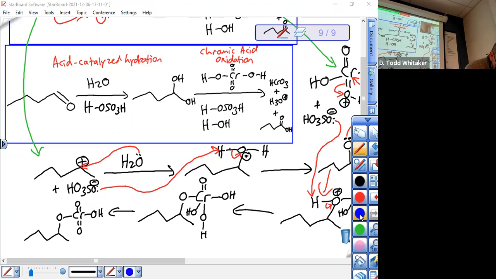You need an acid-base pair, the same acid-base pair you've been using the whole mechanism, sulfate, sulfuric acid. Grab an H, make a pi, and normally a leaving group would leave here, but this leaving group doesn't like leaving when it's hydroxide. It needs to be water.